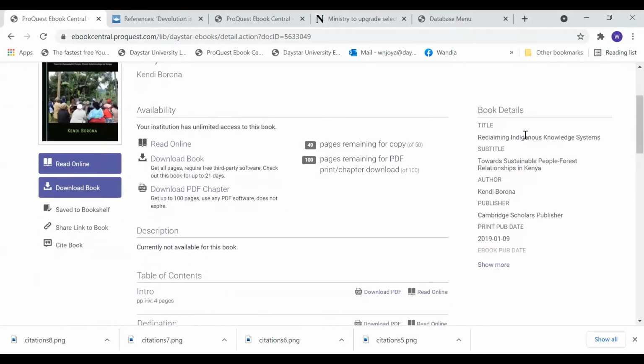So if you look here on the right-hand side of your screen, you can see that the publisher is given. That's Cambridge Scholars Publisher. And you also need the print date, which is 2019. You do not need the exact date. Now, there's one piece of information missing, which is required for books, which is the town in which this book was published.